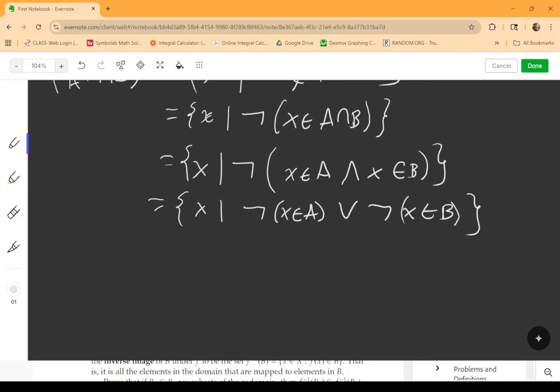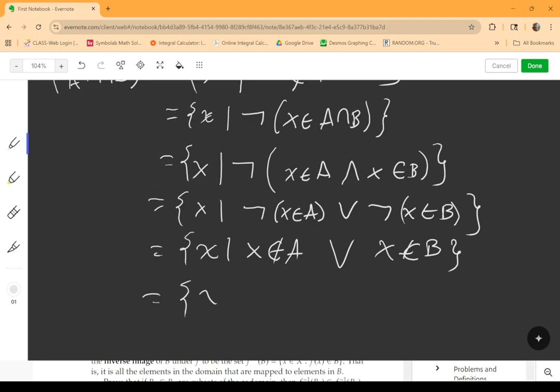All right, and if x is not an element of A, then we say x is not an element of A, or x is not an element of B. In other words, if x is not in A, then it is in the complement.